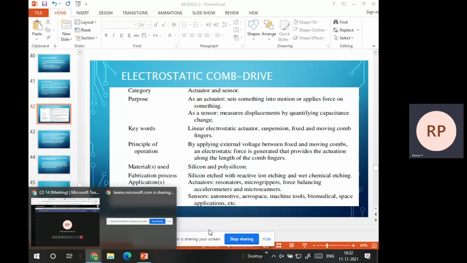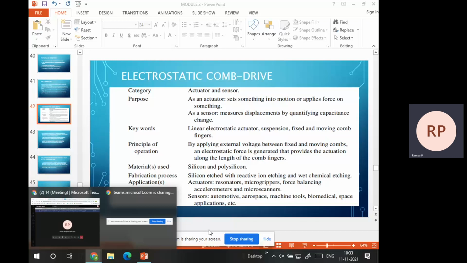Sensor means I don't want any displacement and I don't want to apply any energy. I'll just give some amount of energy to turn on the device, and it has to sense different parameters. Suppose I keep this comb drive in one particular sector, it can measure the amount of displacement taking place, the movement of an actuator, or the movement of a beam or conveyor belts.